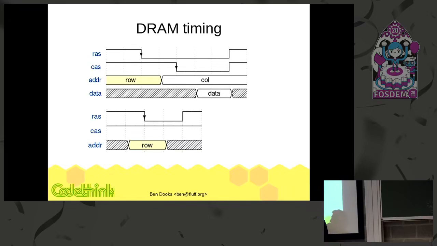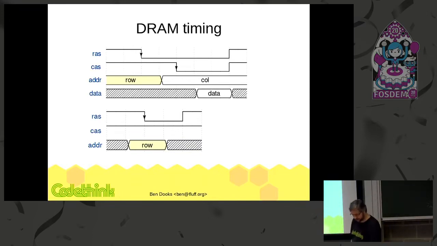And just below this is a refresh cycle, where all you need to do is give the DRAM the row address. So that's a little bit of an introduction about how the DRAM works.